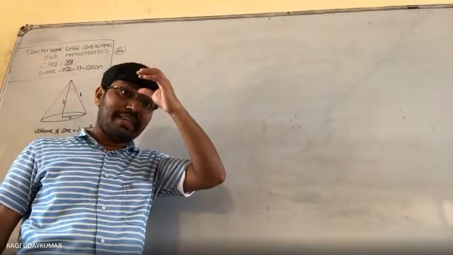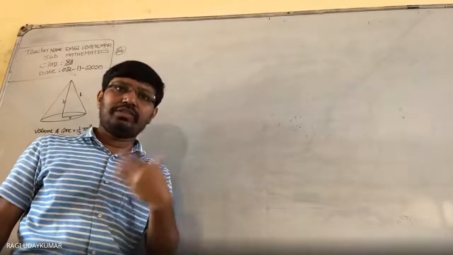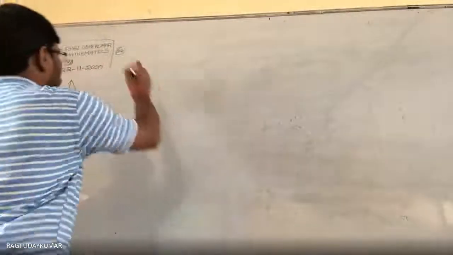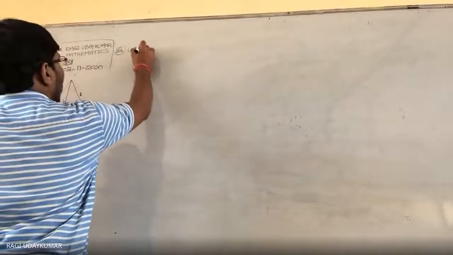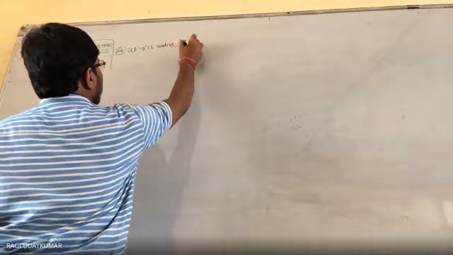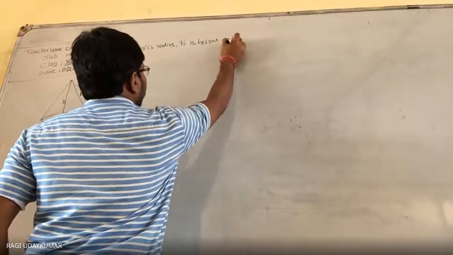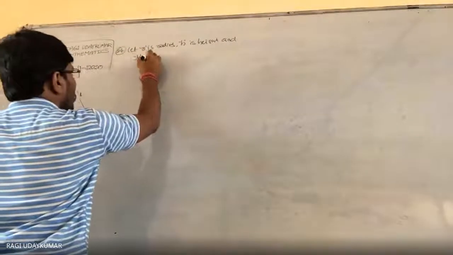So here, the given thing is that r is the radius you consider, h is the height, and l is the slant height. Let r be the radius, h the height, and l the slant height.